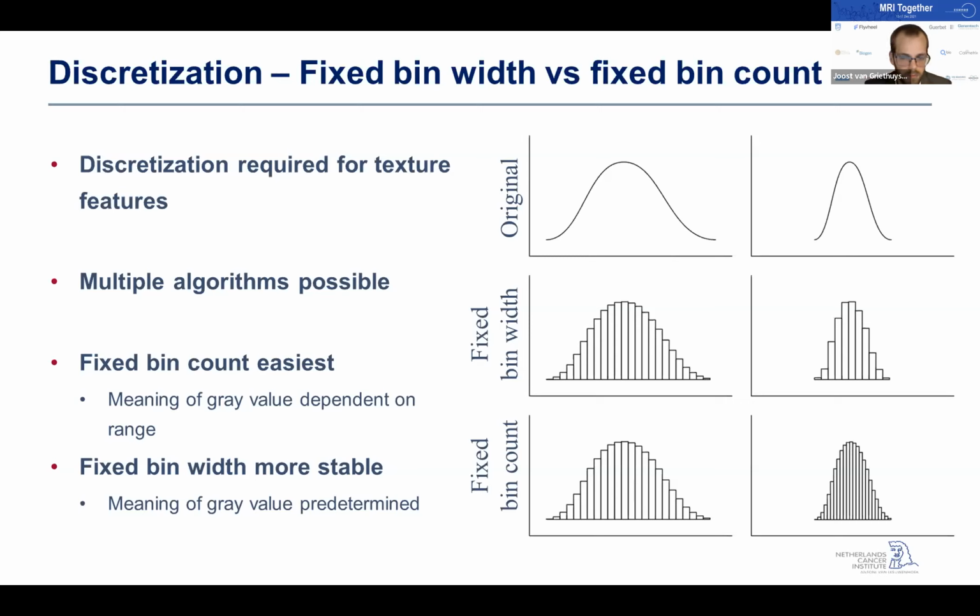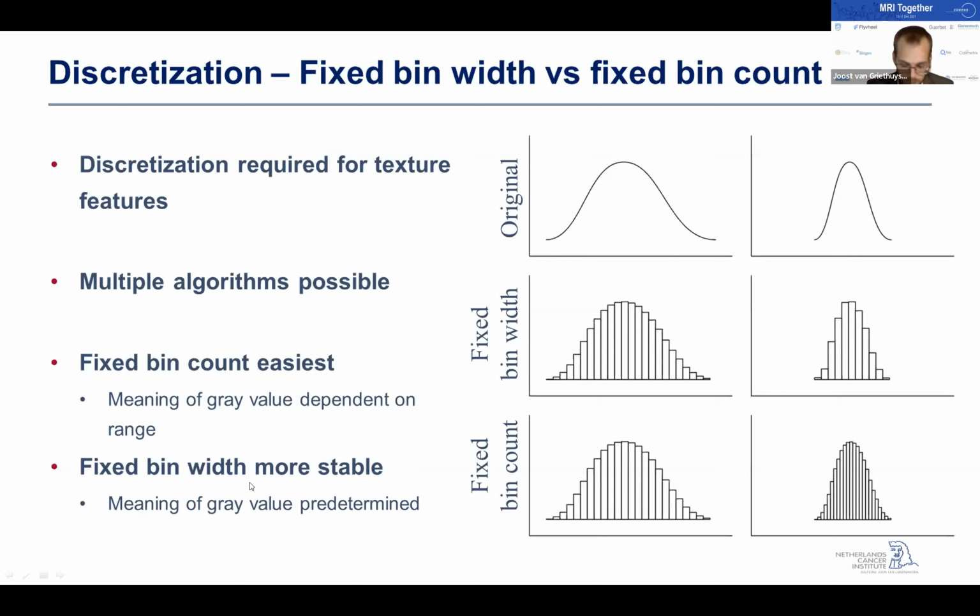However, if you have a very homogeneous image, say an image with only 100 different gray values, and you try to make 100 bins out of it, that means that each single gray value will get assigned to its own bin. Especially in CT, if you ask any radiologist, would you consider a difference of 1 Hounsfield unit to be a realistic difference? He will say, no, of course not. So this is a problem that you do need to pay attention to.